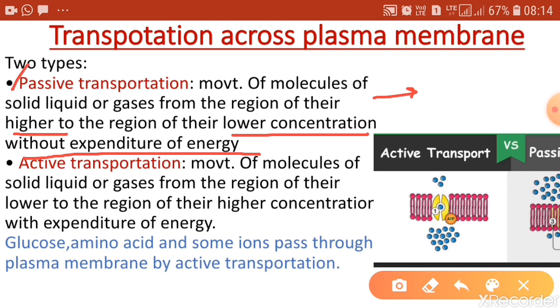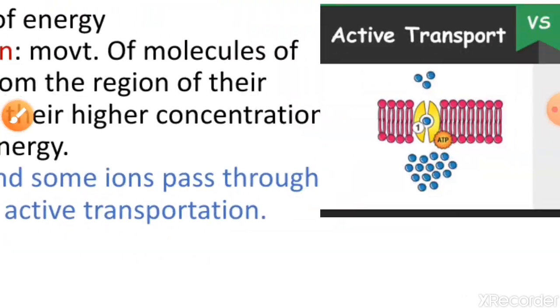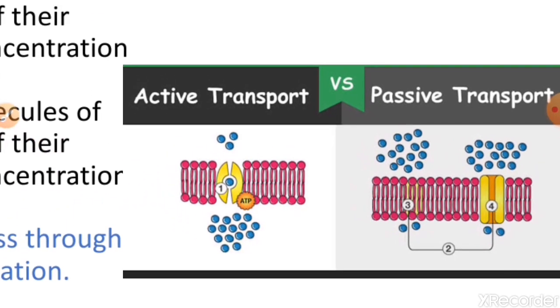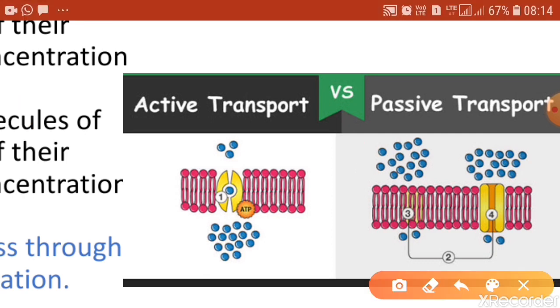If molecules, if substances, like have a look at this structure shown over here. In this structure, molecules are moving from the region of their higher concentration. If this is one side of the plasma membrane and this is the other side, then the molecules move from the region of their higher concentration, here you find the molecules in higher concentration, towards the other side, where it is a lower concentration.